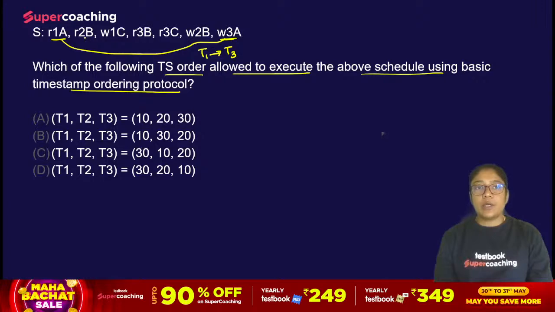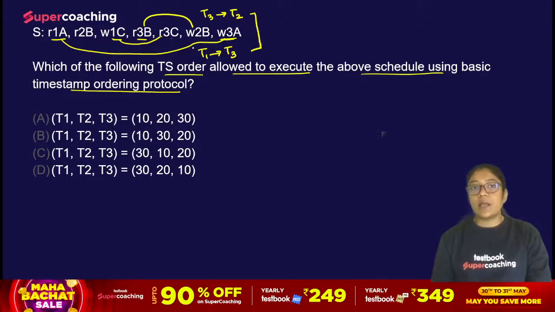Then it's performing a read operation on data item B. We want a write operation on data item B, but it is performed by the same transaction, so it's not forming a conflict pair. Write operation and read operation on the data item C result in T1 to T3. Already we have considered this. Move to the next one. It is T3 to T2. So these are the two possible conflict pairs that we want for executing the schedule. Check which option satisfies them. On the basis of this, we can say that T1 will be executed first, then T3 and then T2.